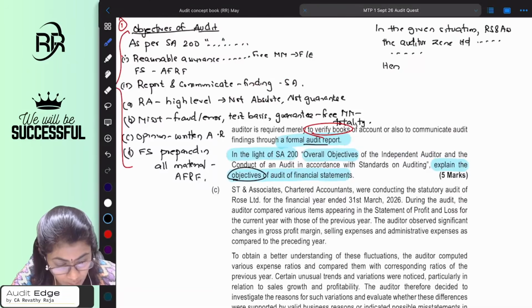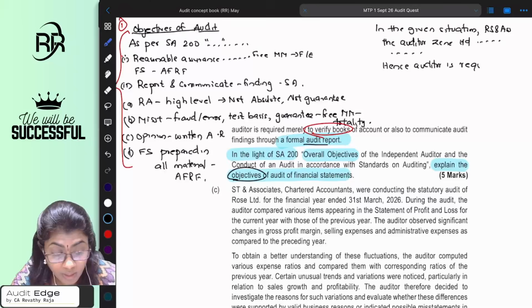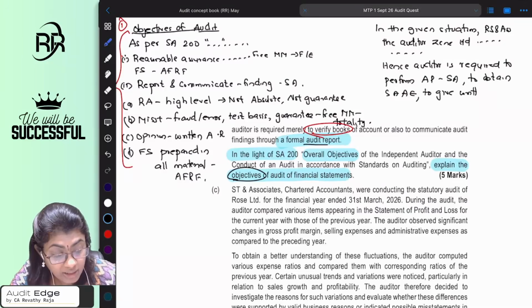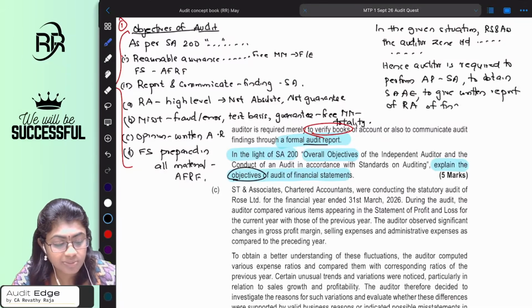Hence, the auditor is required to perform audit procedures as per standards on auditing to obtain sufficient and appropriate audit evidence, and to give a written report of reasonable assurance of findings.